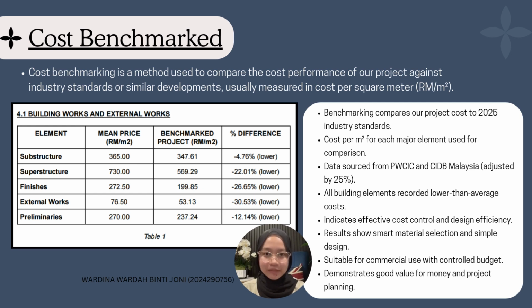Lastly, preliminaries were 12.14% below average, which shows good site management, efficient scheduling, and resource control. In conclusion, this benchmarking shows that the project was very cost effective, making smart choices in design, materials, and planning, all while maintaining functional performance for commercial use.